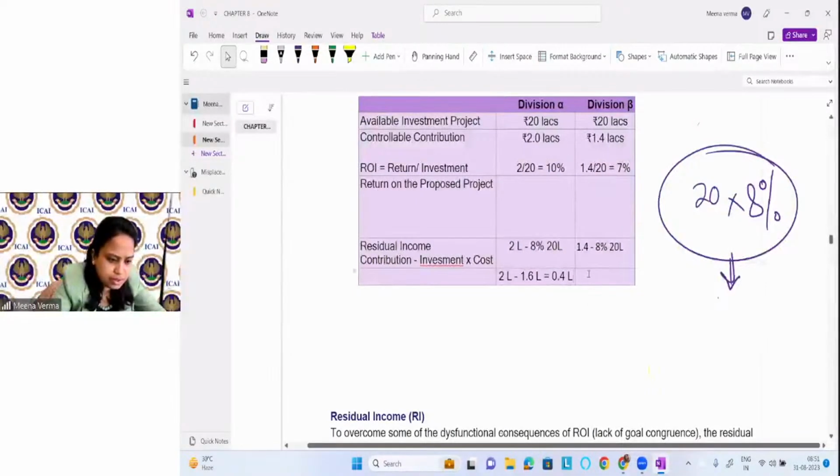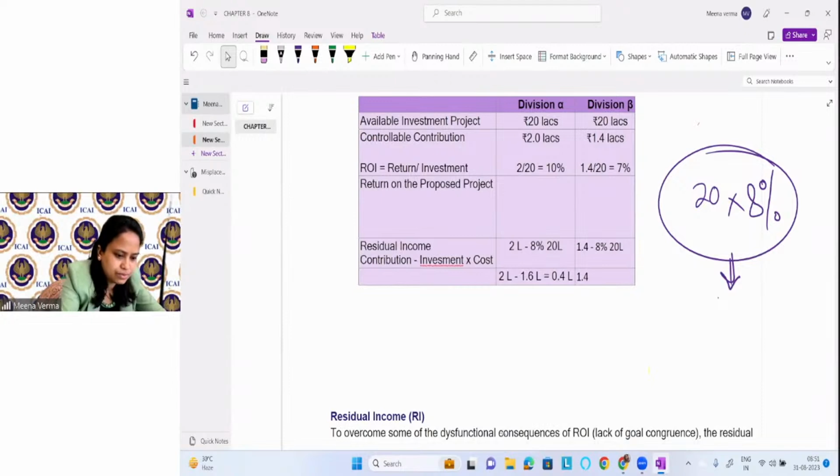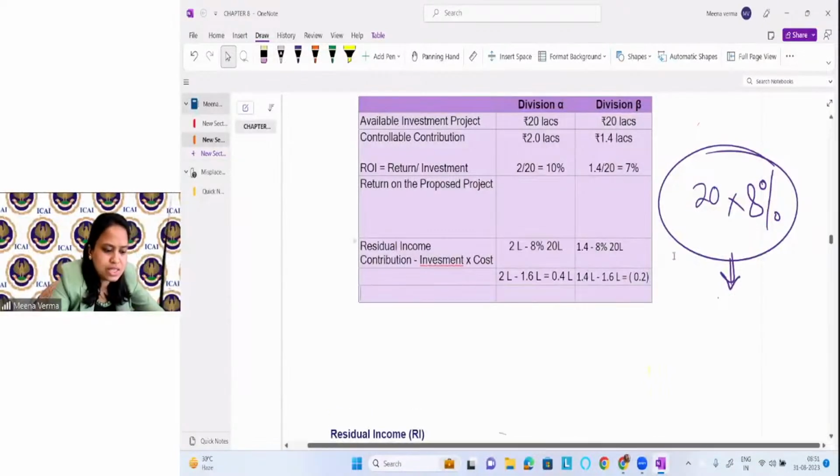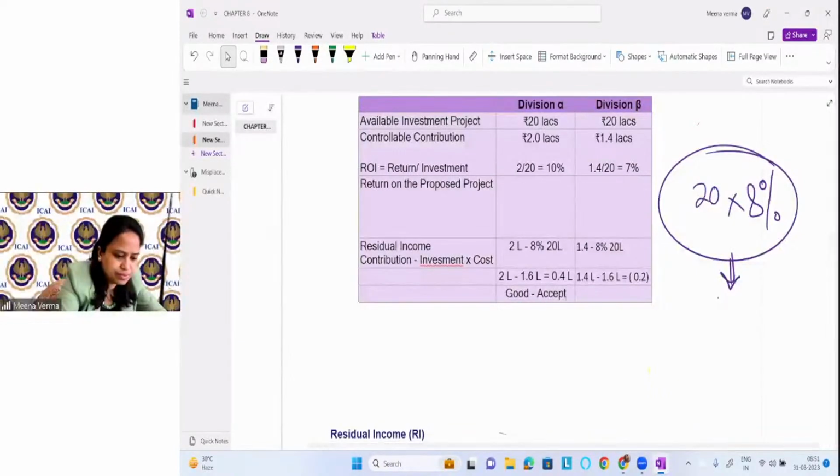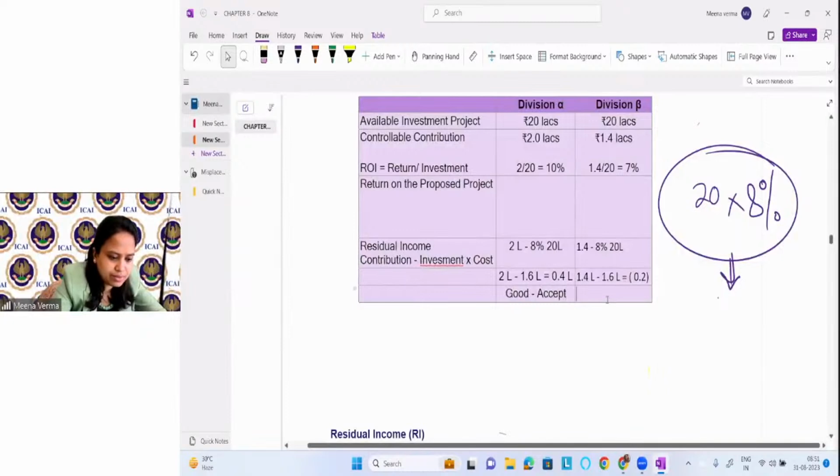And here 1.4 lakh minus 1.6 lakh will give you negative 0.2. The point is that according to this, the first proposal is good and it should be accepted, right? And this one is bad and should be rejected.